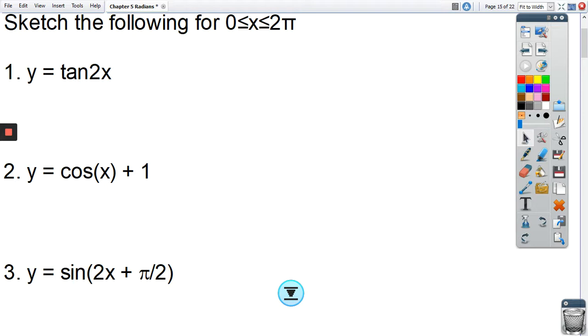What I would do is, in question 1, start off with a graph of tan x in radian form. Think what that would look like. Then, once you've sorted that, think what tan of 2x would do to the graph in terms of graph transformations, and then you're there.